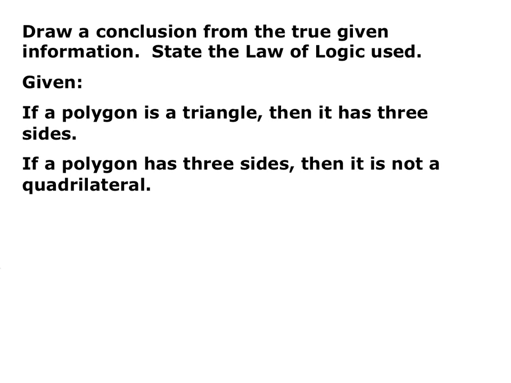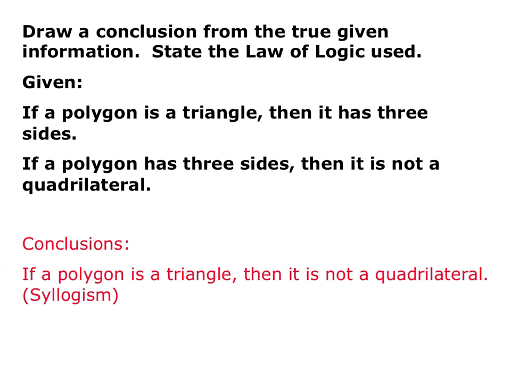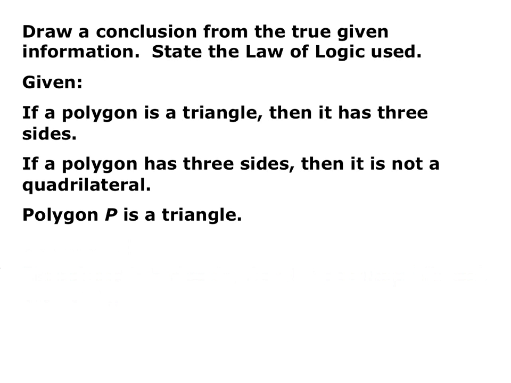If the polygon is a triangle, then it is not a quadrilateral. That would be the correct conclusion, or conjecture, whatever you want to state it as. So again, we had to analyze what's the P, the Q, the R, and put it together using one of those laws. Making you think again, some of you don't like to think.